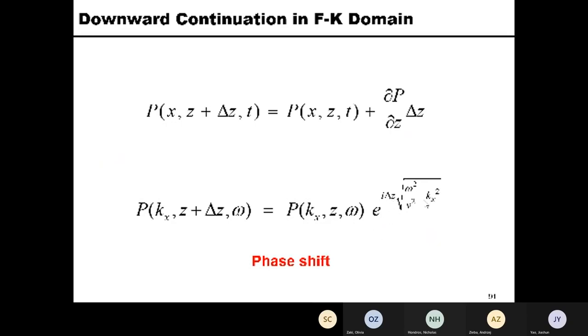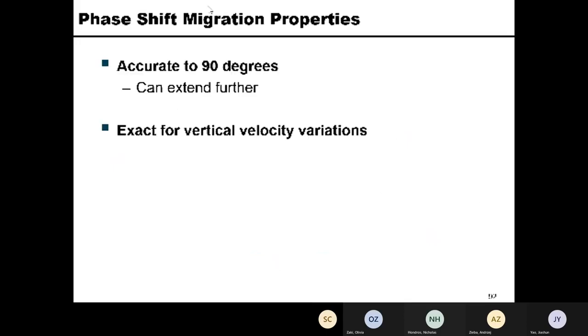I omega, I theta here, that's phase only, okay? That's called a phase shift. So phase shift is accurate to 90 degrees. And as I said, if you invert for the two-way time, that means you can do 180 degree migration, right? You can see here up to 90 degrees because it's only one way.